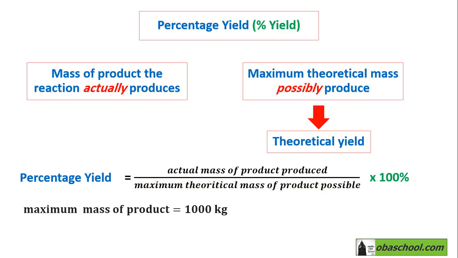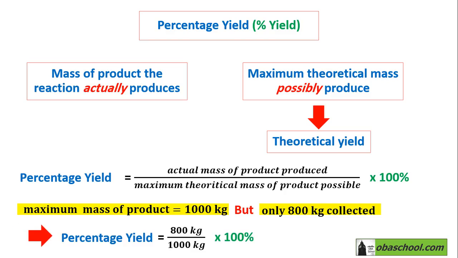So, if the maximum mass of product was equal to 1000 kilogram, but only 800 kilograms were collected, then the percentage yield is equal to 800 kilograms divided by 1000 kilograms times 100, and the percentage yield is 80%.